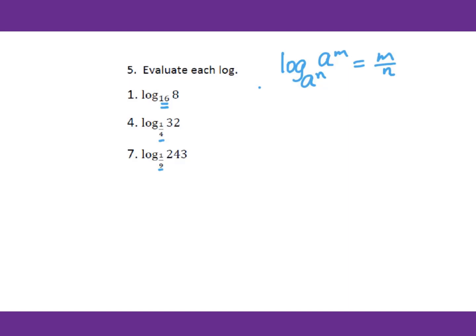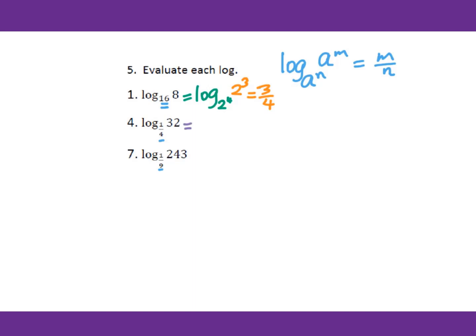Try to make your base and argument into common base power form. So we got log base 16 of 8, we can do base 2. 16 I can do 2 to the 4th power. 8 I can do 2 to the 3rd power. Therefore 3/4. That's the answer.